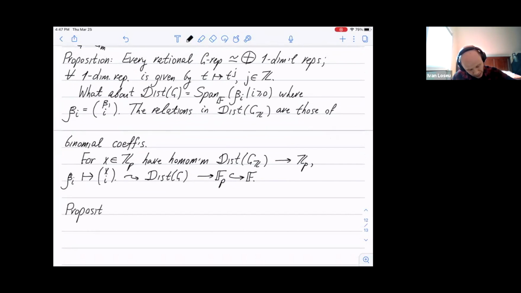And it turns out that other than this, there is no difference between the two settings.